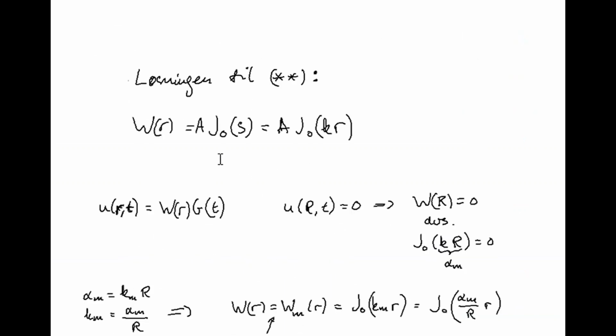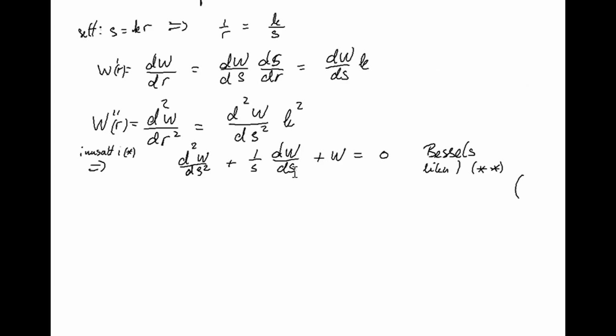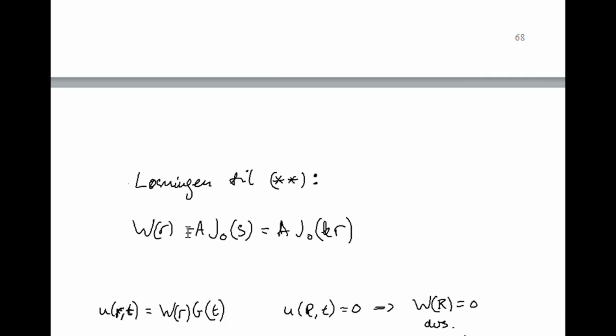The solution of this equation, the double star, which we have here, is, as we have told before, some constant a multiplied with J0 of s. This Bessel function, which we showed you earlier. And since s is kr, we can describe this solution by r instead.